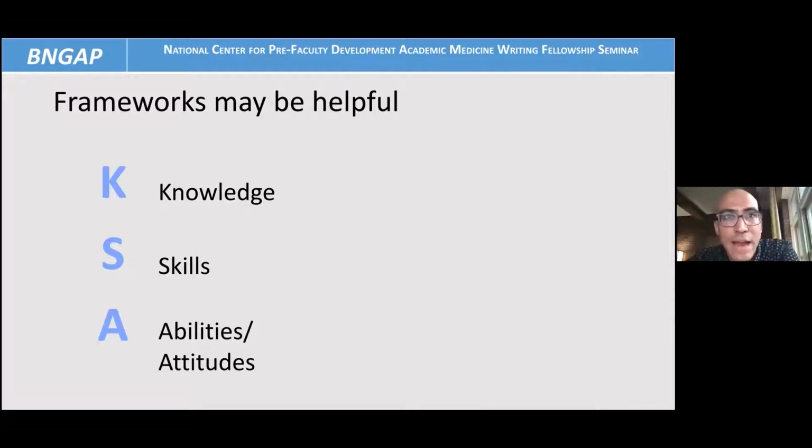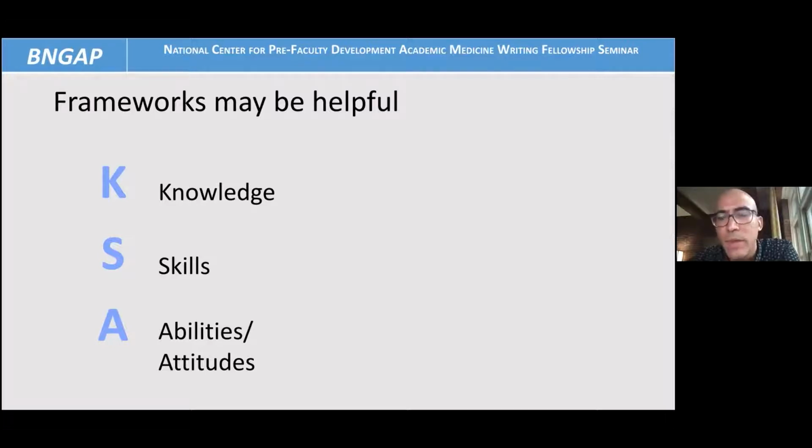Skills are more technical or manual proficiencies that are often learned through some sort of skills-based environment, that again might be your objective at the end of your evaluation. And attitudes and abilities are more so the capacity to apply several knowledge and skills together in order to complete some sort of task or observable behavior.